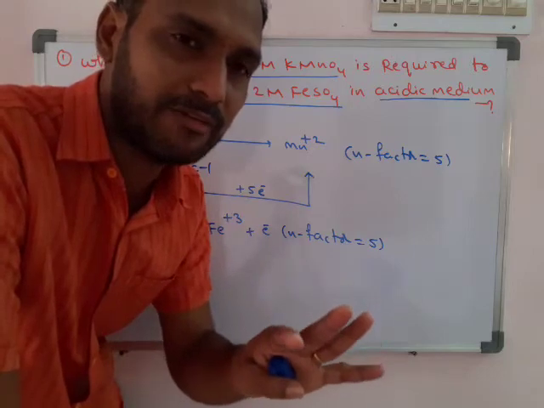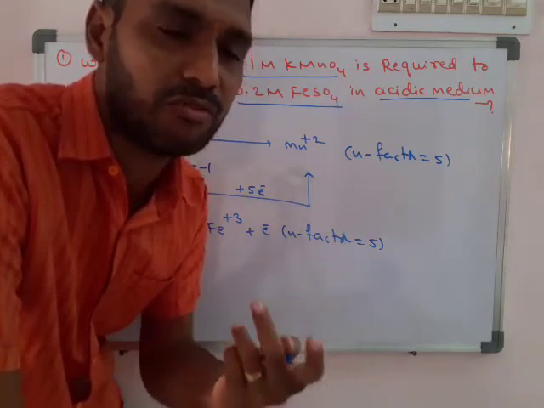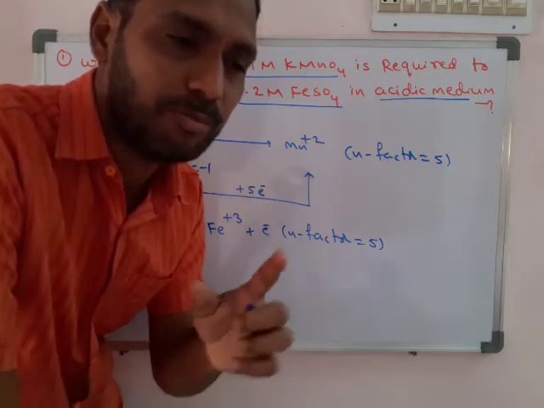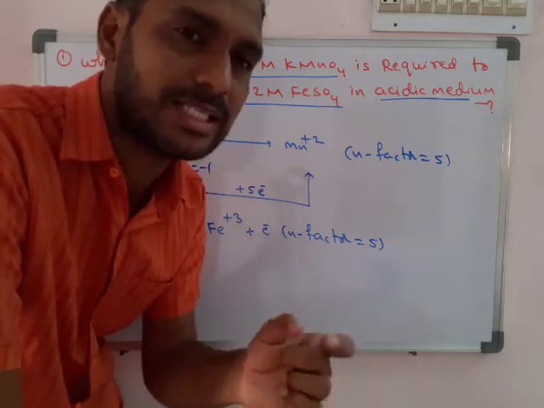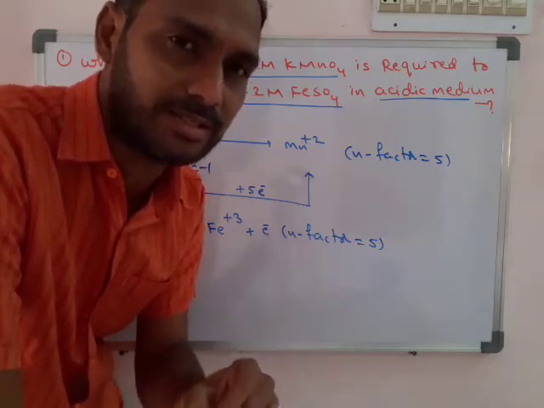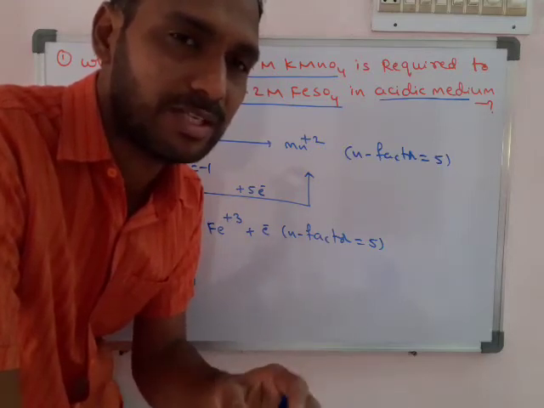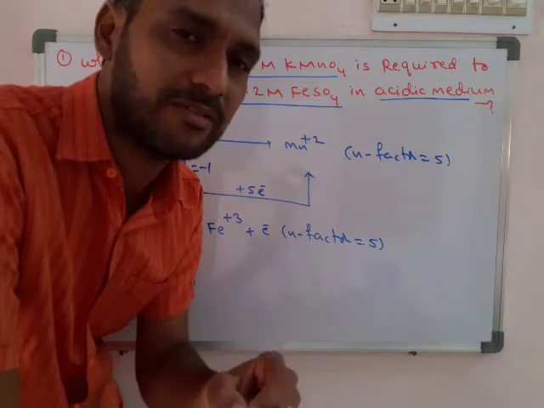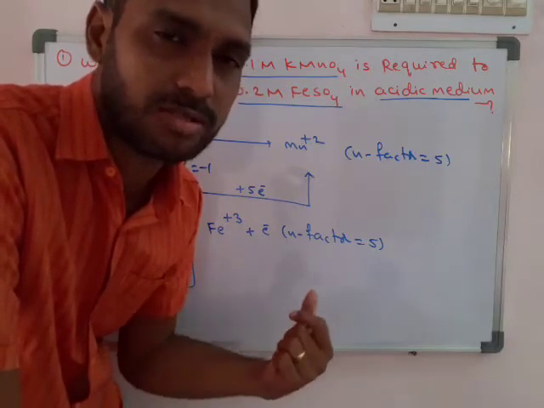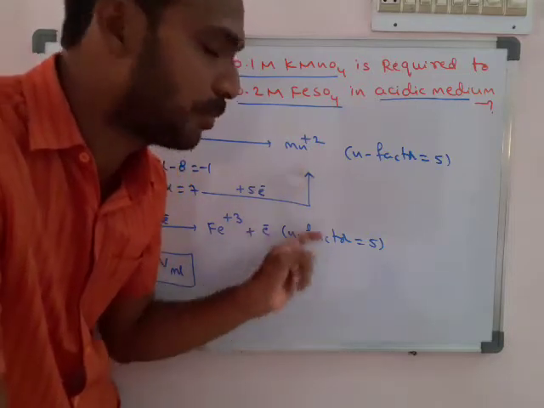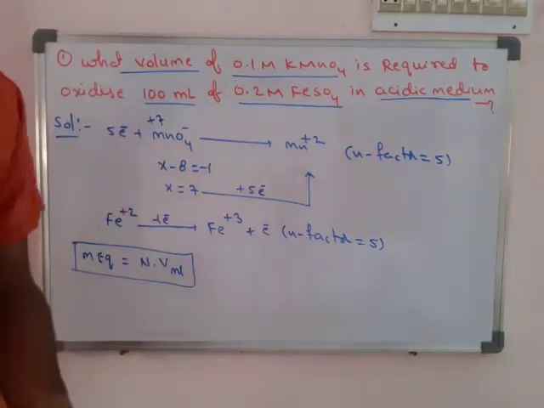Milli equivalence of X equals milli equivalence of Y. Already in the introduction class we discussed that milli equivalent of oxidant is equal to milli equivalent of reductant. In a neutralization reaction, milli equivalence of acid equals milli equivalence of base. Here, since it is oxidant and reductant, we have to equate the milli equivalents of both compounds.